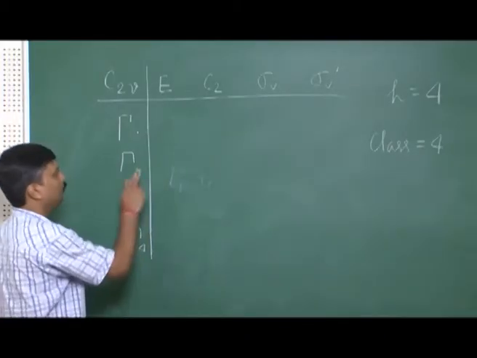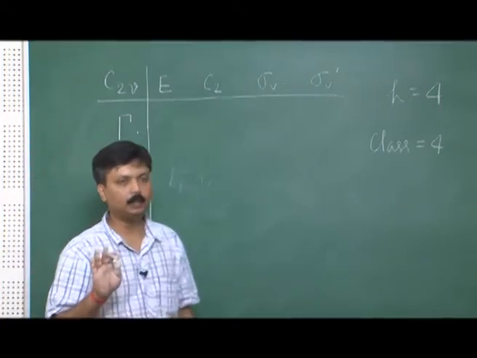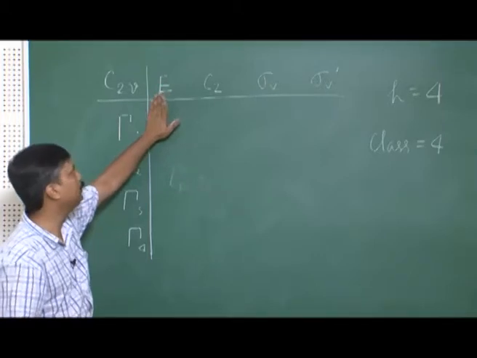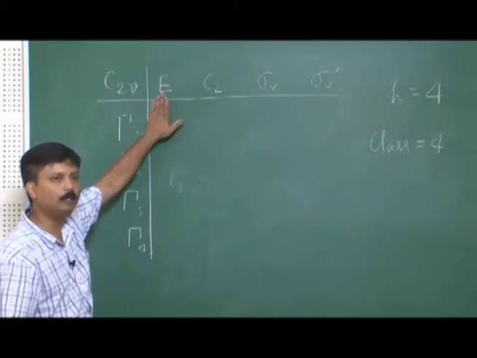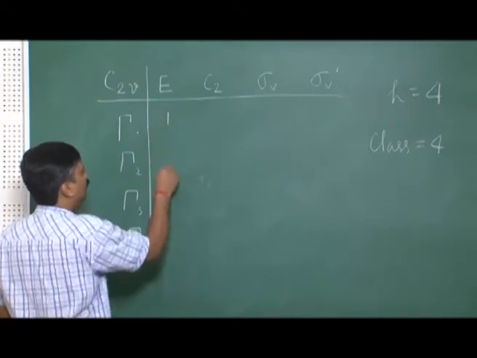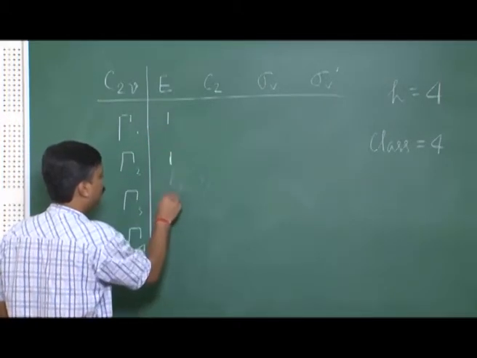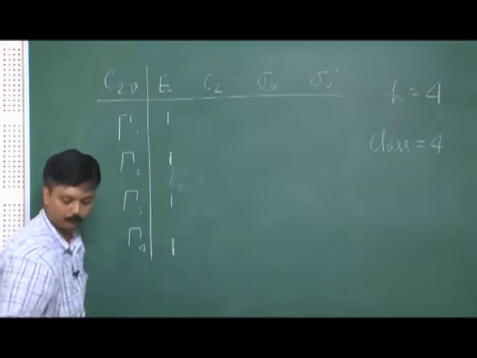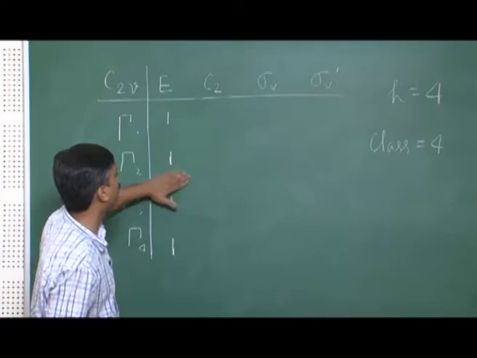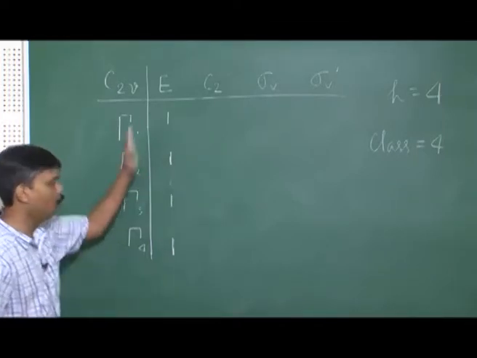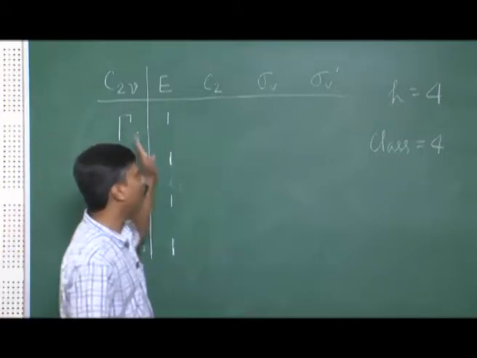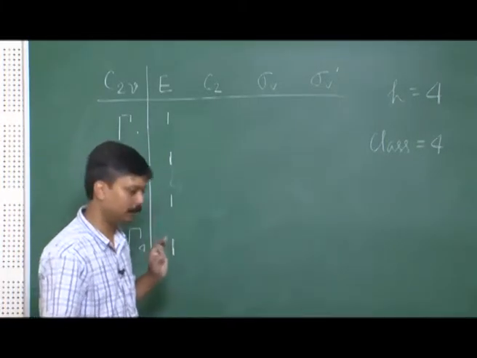So, the dimension of any representation can be found from the characters of that representation, and the character corresponding to the identity operation. So, therefore, what I can write is this is 1, this is 1, this is 1, this is also 1. So, we got 4 numbers here, corresponding to 4 irreducible representations, and all of them are one dimensional representations.